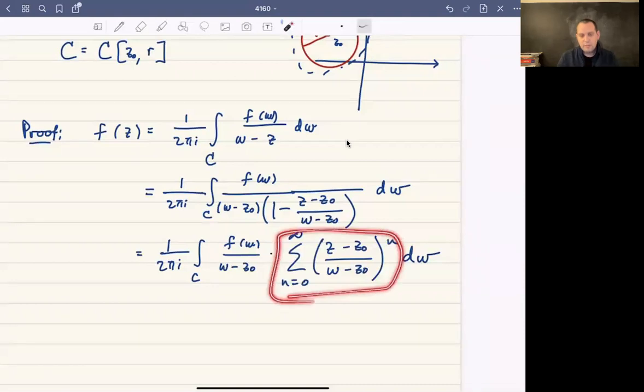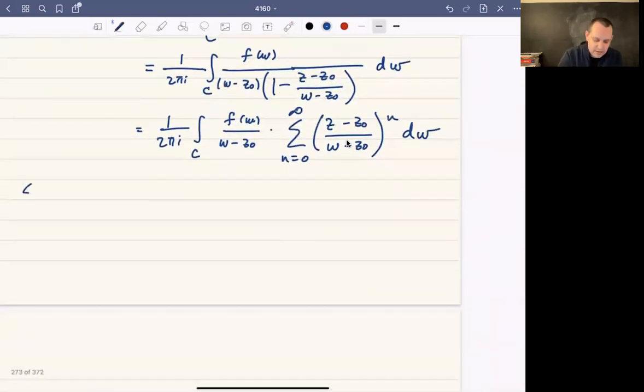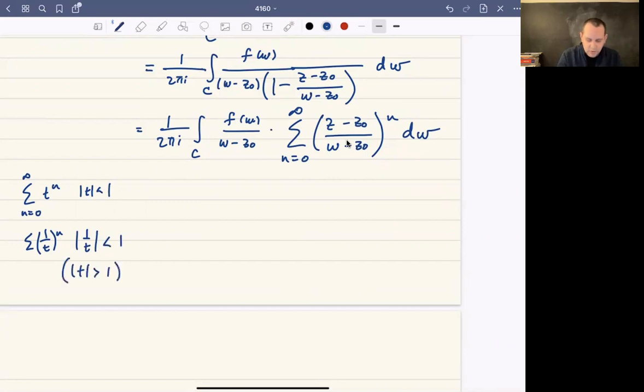Notice that this is now a power series in w. w is the variable that we care about, but w is in the denominator. If you were to have something like t to the n, as n goes from 0 to infinity, I don't care if t is real or not, this converges if the modulus of t is less than 1. On the other hand, if you were to have 1 over t to the n, that still converges when the modulus of 1 over t is less than 1, but that means that the modulus of t must be greater than 1. So now, instead of working over a disk, we're thinking of this power series as being valid over the entire complex plane minus a closed disk.